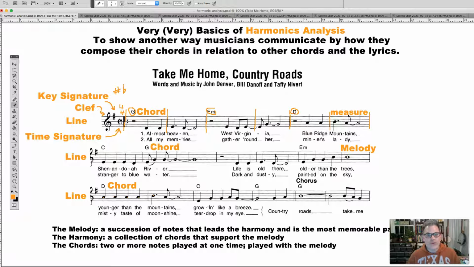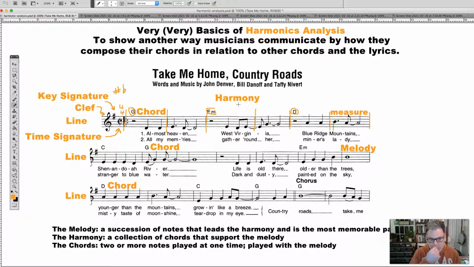When you think of the chords as a whole, as a progression, together we call that the harmony of the song. And the harmony basically supports the melody. It goes along with it and it supports it. And it's the harmony that we analyze in harmonics analysis. Harmonics and harmony go very well together.